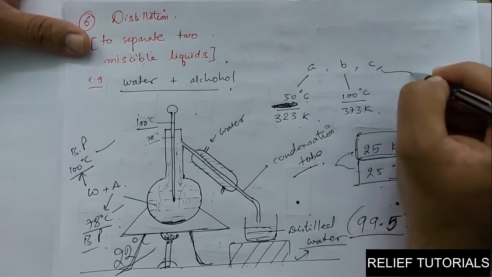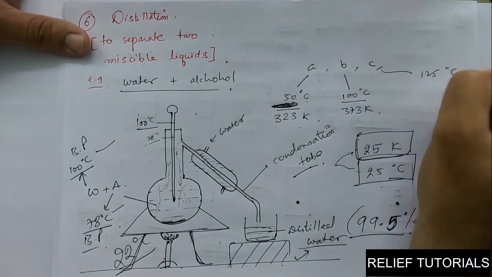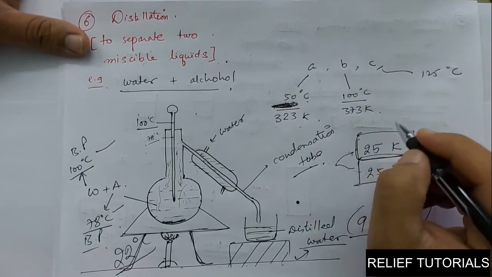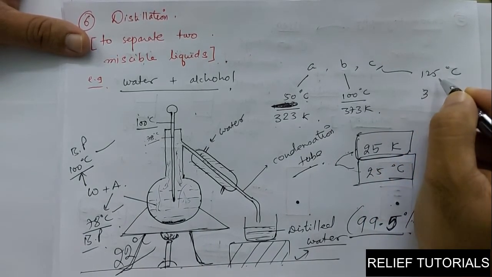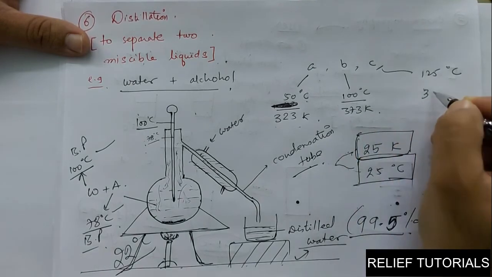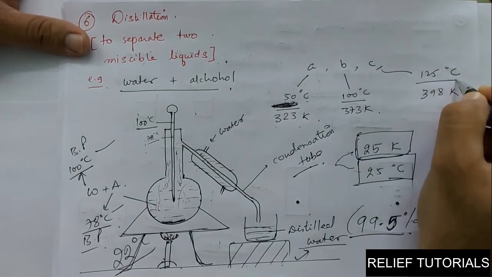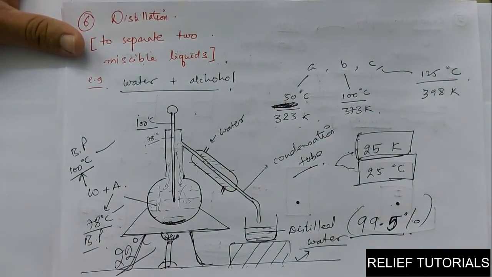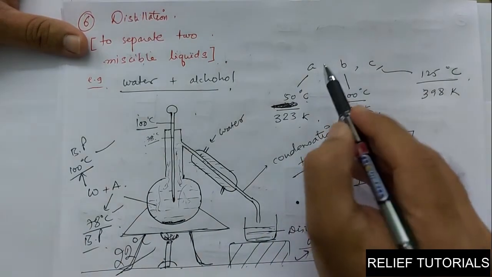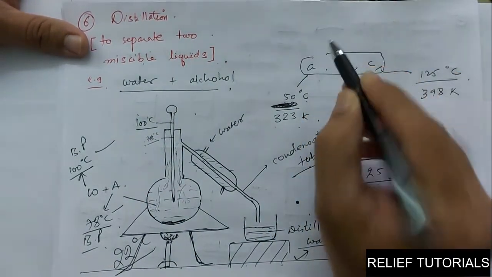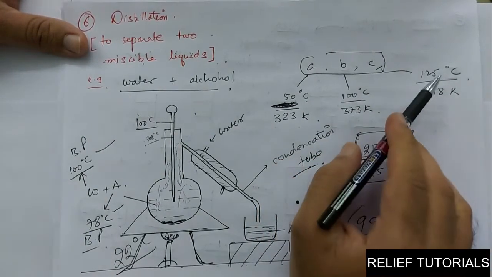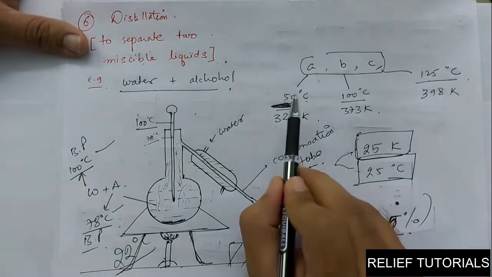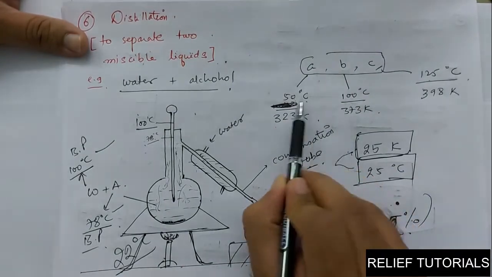The boiling point of B, let us say, is 100 degrees Celsius, meaning 373 Kelvin. Let us say the boiling point of C is 125 degrees Celsius, so it is plus 25, meaning 398 Kelvin. So I have a mixture of three liquids having boiling points of 50, 100 and 125 degrees Celsius. What is the difference in the boiling points of these two?